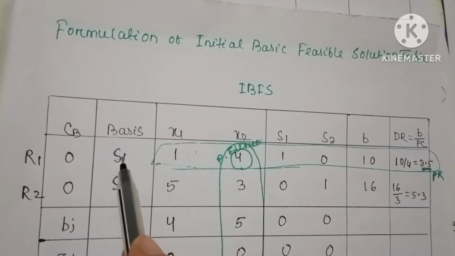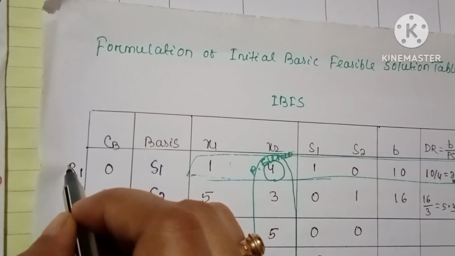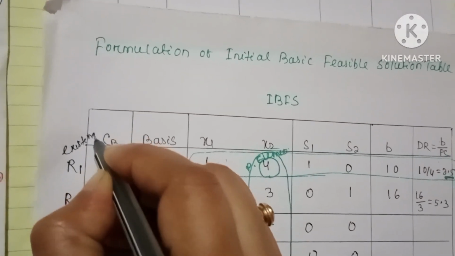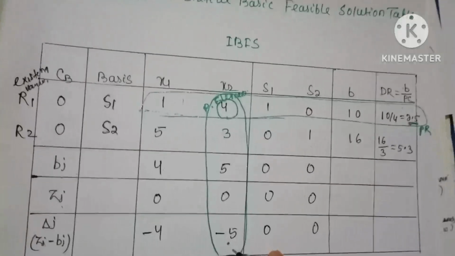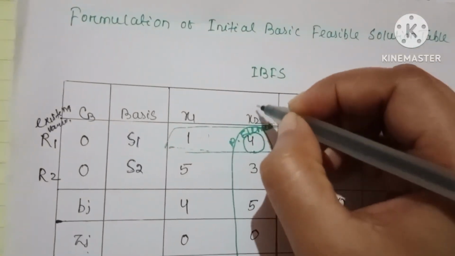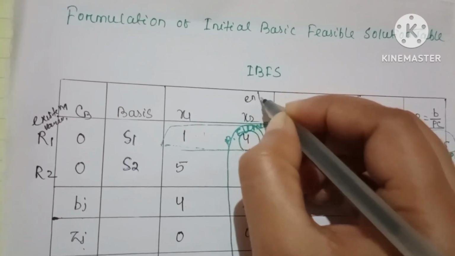So here S1 becomes your existing variable, and this is your pivot column. That means X2 is your pivot column. This is your entering variable.